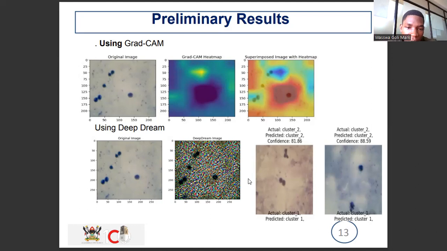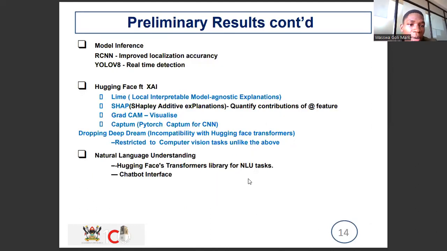We also went ahead and used SHAP and LIME. Those are some of the techniques that we hope to use, but we may drop Deep Dream because it's not compatible with Hugging Face transformers, which will be used to generate the natural language explanations.